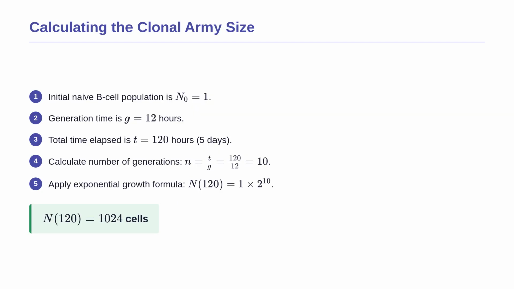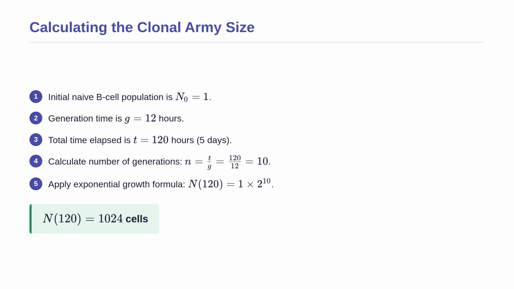Let us put this formula to work with a practical scenario of a primary immune response. Suppose a single naive B cell is successfully selected by a newly invading viral antigen, meaning N0 is 1. We are given a generation time of 12 hours, and we want to find the total cell count after 120 hours, which is exactly 5 days.